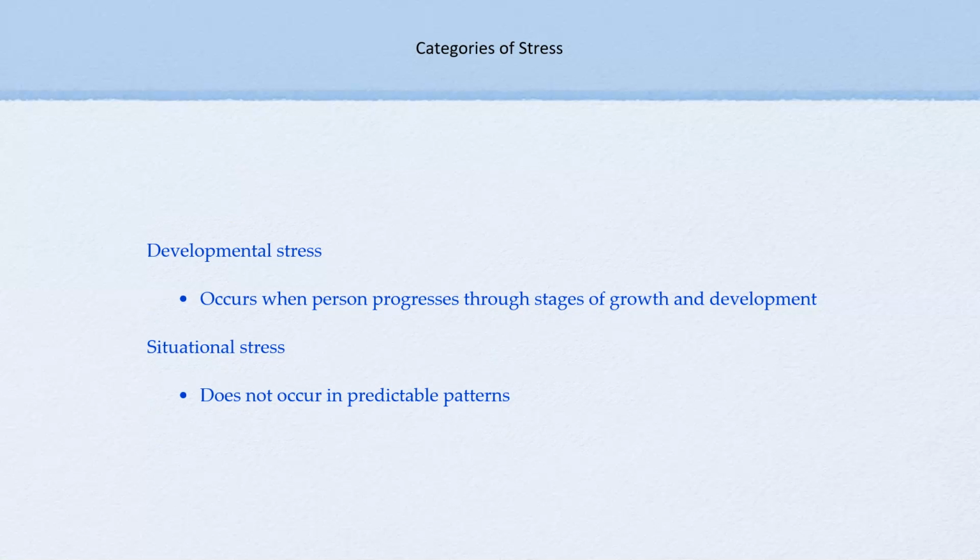Situational stress typically is not a predictable item or situation that occurs. This is a unique situation that occurs: I just got fired from my job, I just lost a loved one, I got in a motor vehicle accident. That would really explain those situational stress categories.